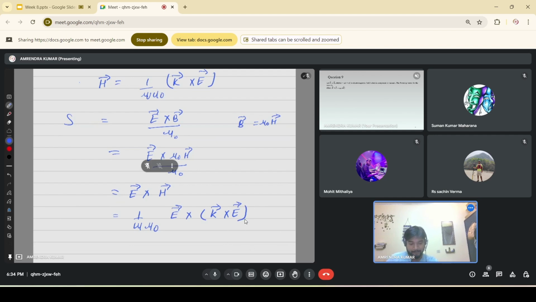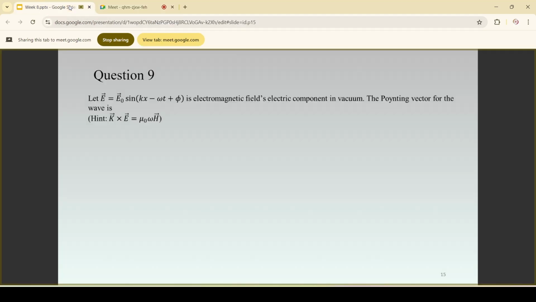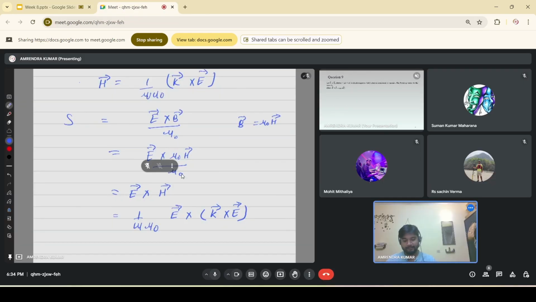If we know in what direction k is going, and if we know with certainty in what direction this E naught is pointing, then we can calculate this H vector, and with that we can calculate this E cross H using this equation.